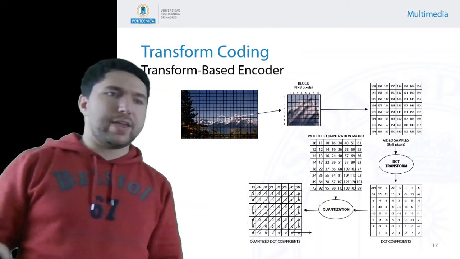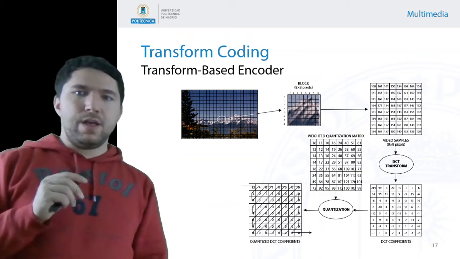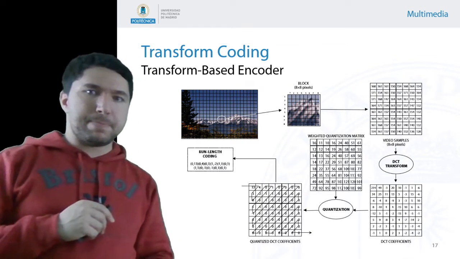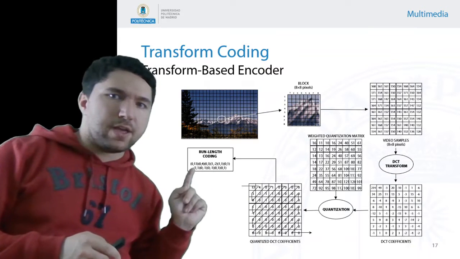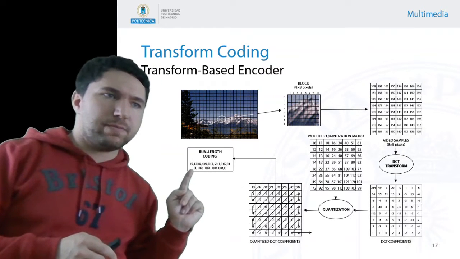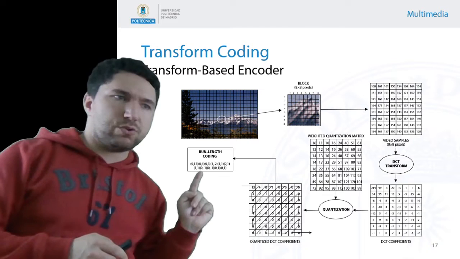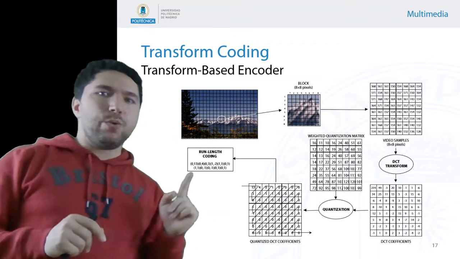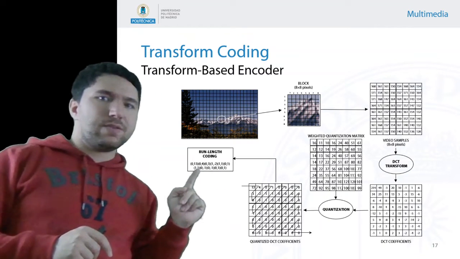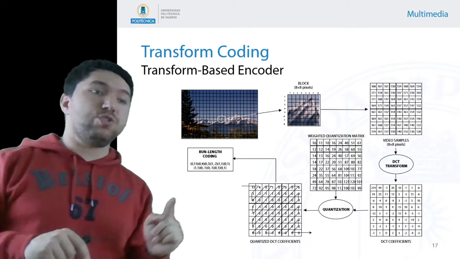And now if I apply a run length encoder, I will say that, okay, I have 0 zeros before 13, 0 zeros before 4, etc. But I will only need to encode these few values instead of encoding 64.